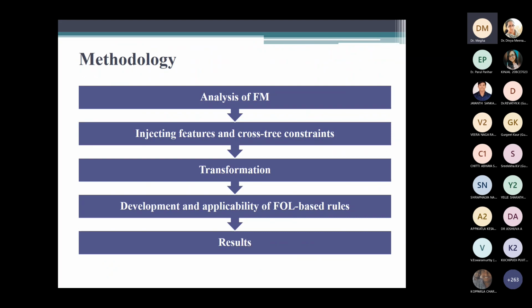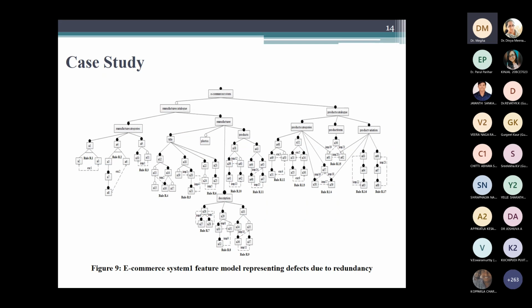And this is the methodology which has been followed in this work. I've already explained the process behind this method. Now let's understand this method or approach, or we can say the AI technique, with the help of a case study. So what has been done? I have taken the feature model of an e-commerce system. This model was taken from the SPLOT repository itself.